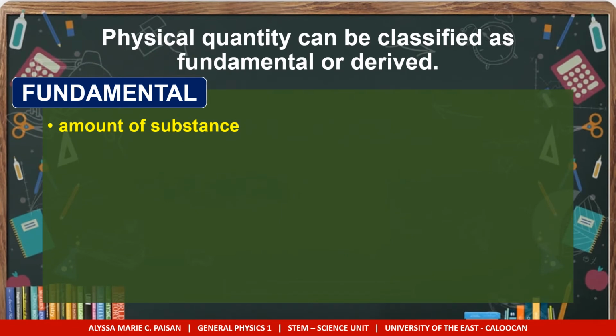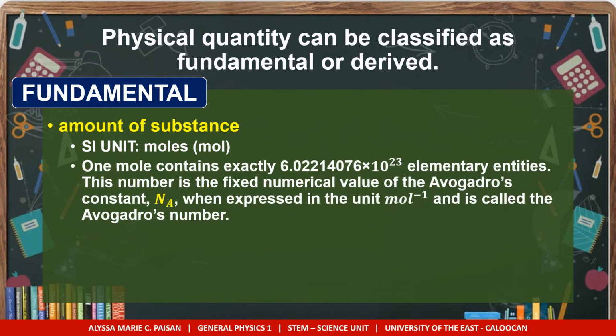Amount of substance has the SI unit mole, or mol without the e. 1 mole contains exactly 6.02214076 times 10 raised to 23 elementary entities.